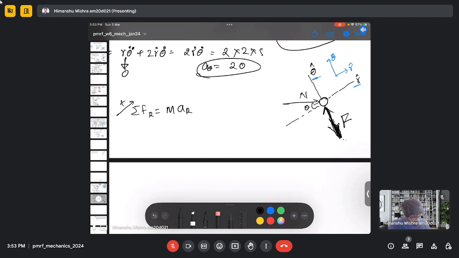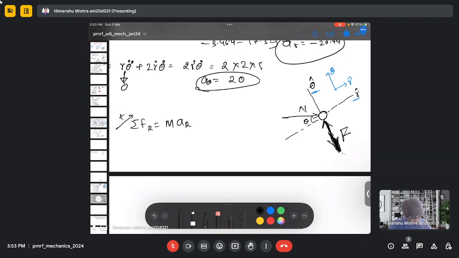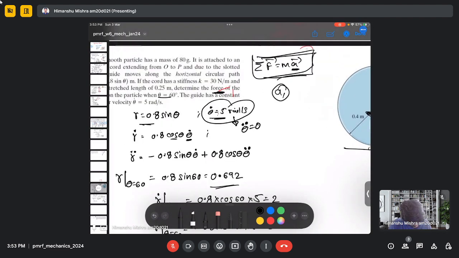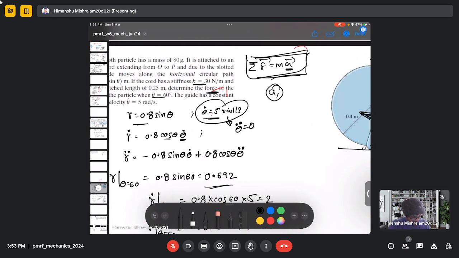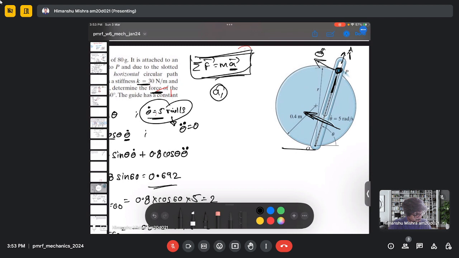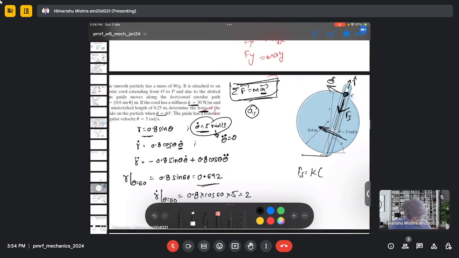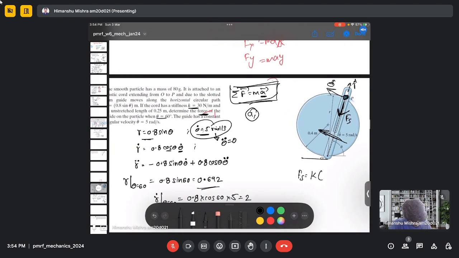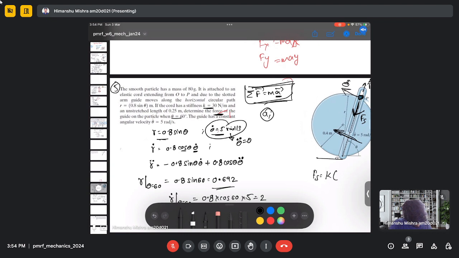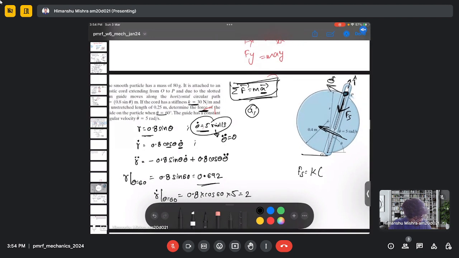There is another force, which is due to this spring K. This will act here, Fs, and in the previous lectures we saw that Fs is K times the difference of distance.